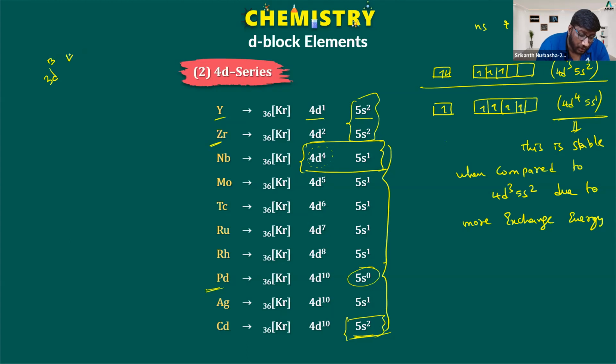Why can't it be applicable to 3d3 4s2 and 3d4 4s1? If you look at the 3d subshell, the 4d subshell and the 5d subshell, what happens when you go away from the nucleus in the increasing shells? First shell, second shell, third shell, fourth shell, fifth shell.